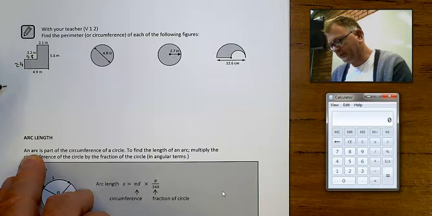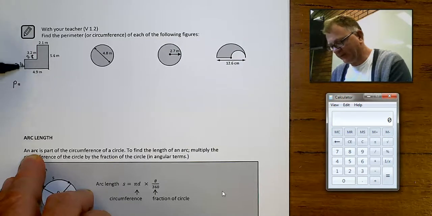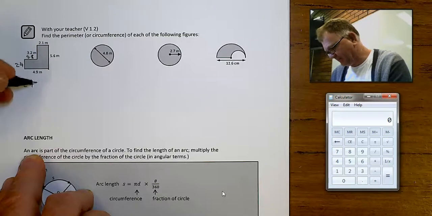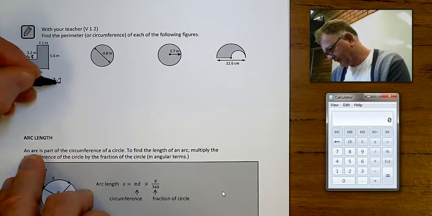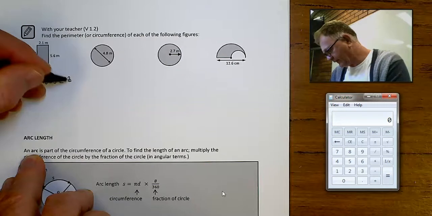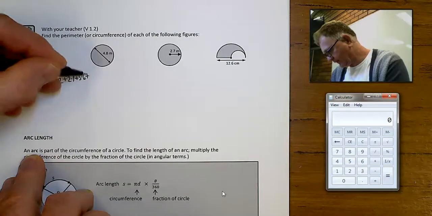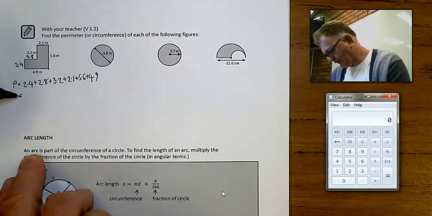Now to find the perimeter, that's easy enough. Perimeter, add together all the sides. So starting from here, work around, adding all the sides together. 0.8 plus 3.2, add those all together.